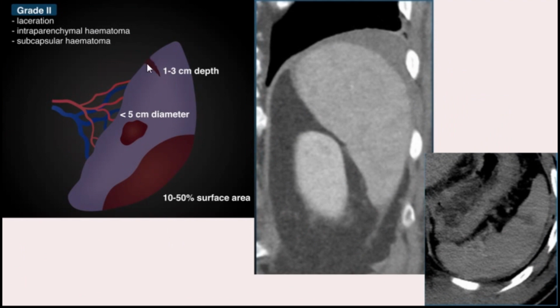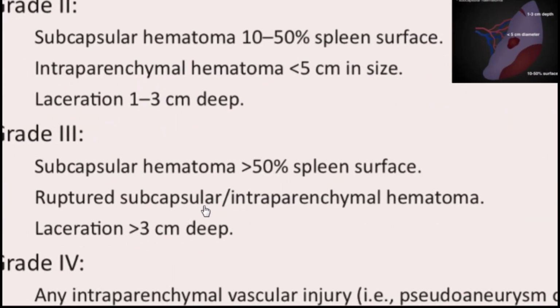So the laceration is up to 3 cm depth, or the intraparenchymal hematoma is less than 5 cm, or the subcapsular hematoma is about 10 to 15% of the surface area. We can see an area of hypodensity. This indicates a subcapsular hematoma. And there is also an area of laceration up to 3 cm, and areas of hypodensity, which is subcapsular hematoma, about 10 to 15% of the surface area.